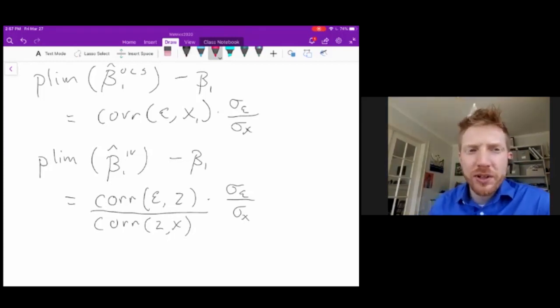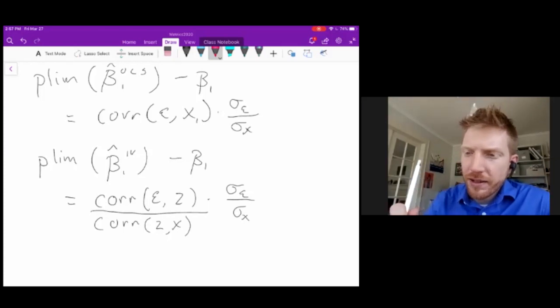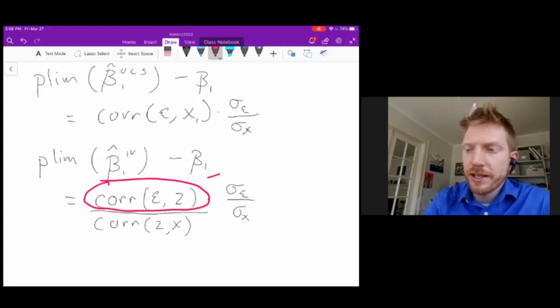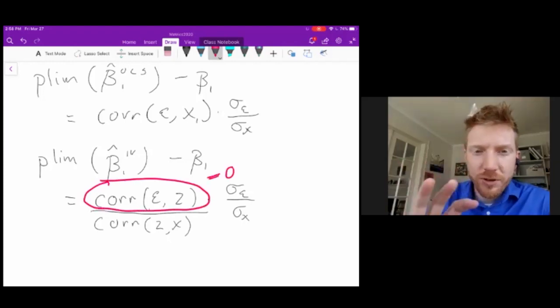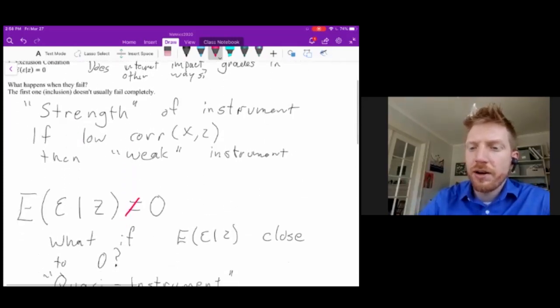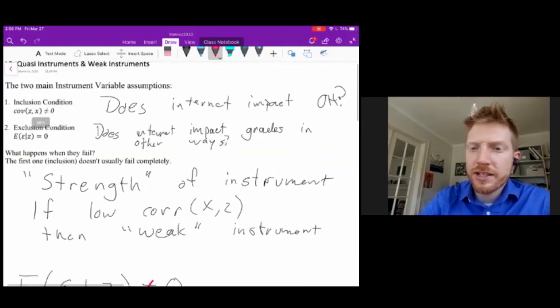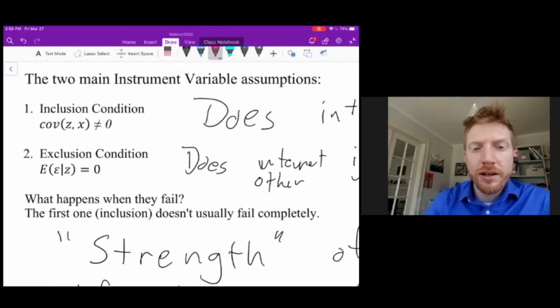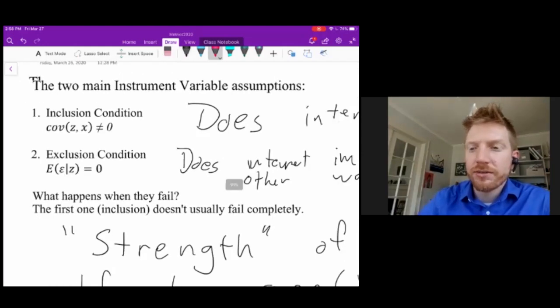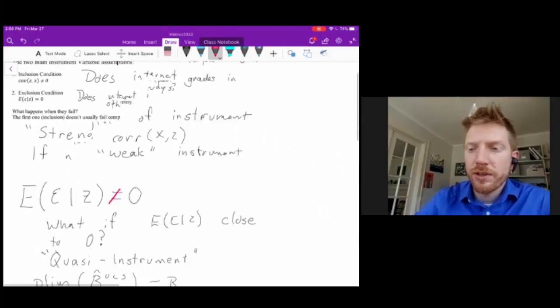Now, if we look at how these things matter, if we have a true instrument, then this is going to be unbiased because this is going to be equal to 0. If we have a true instrument, then the expectation of the error term given z is 0. So there's no correlation between those two.